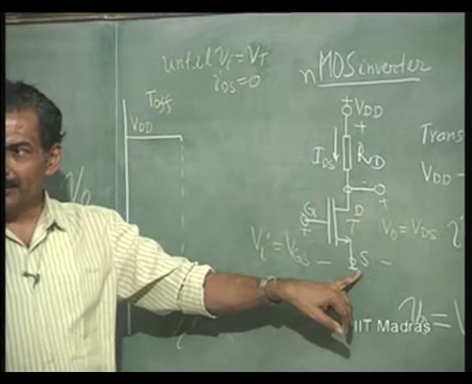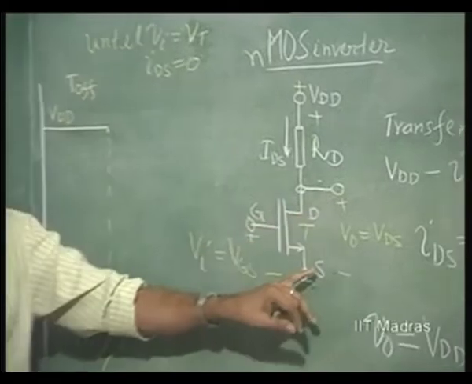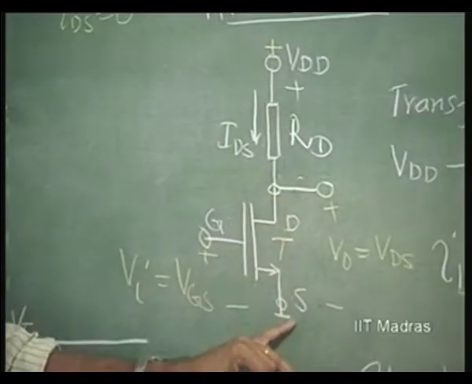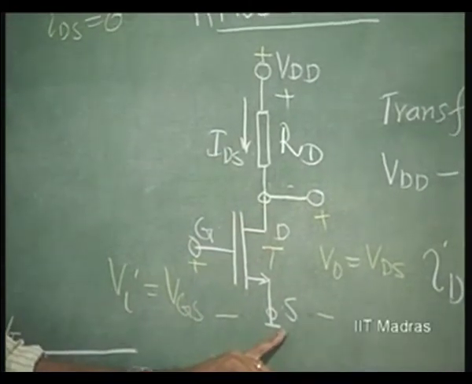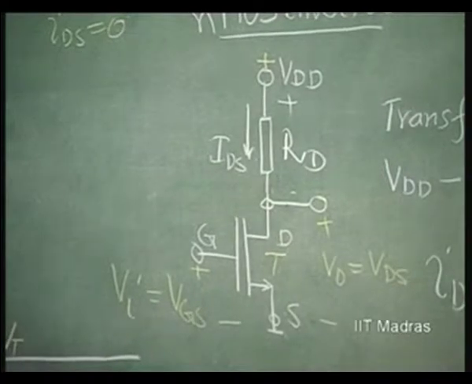The transistor enters current saturation region for all voltages VDS greater than VGS minus VT. VGS in this case is Vi. That means, for all voltages greater than Vi minus Vt, the transistor is going to be in the current saturation region.